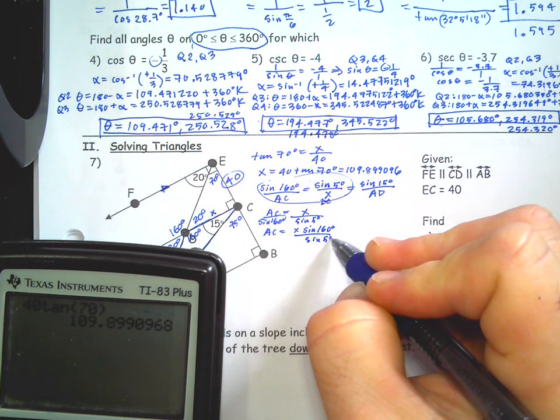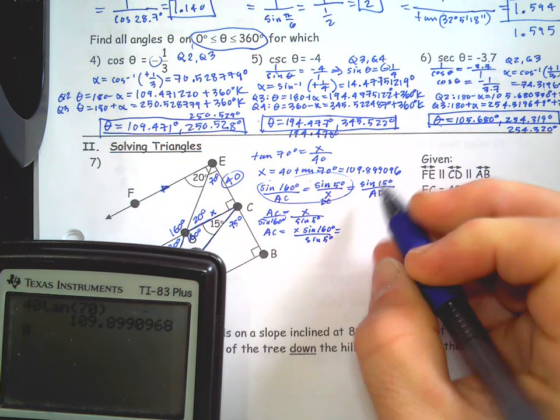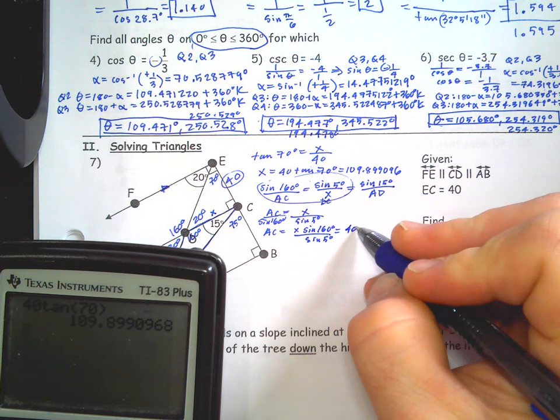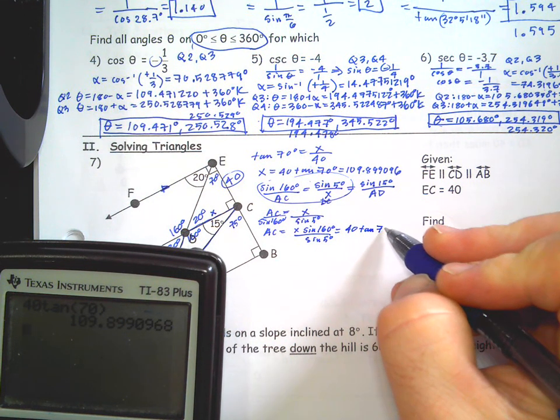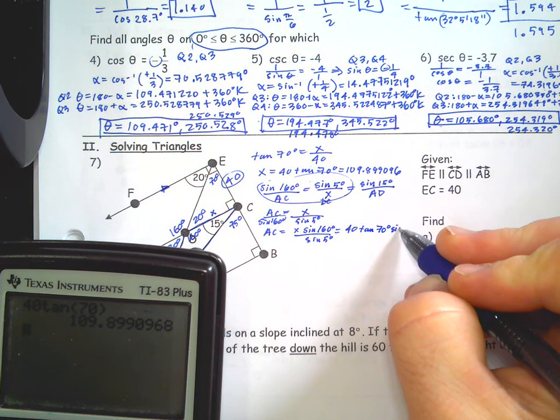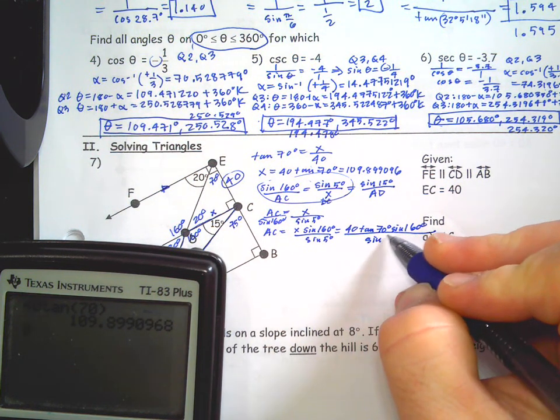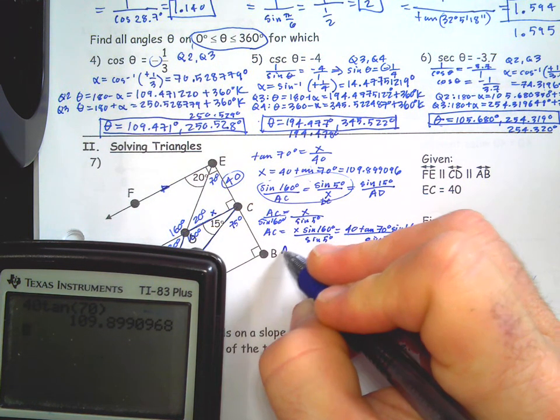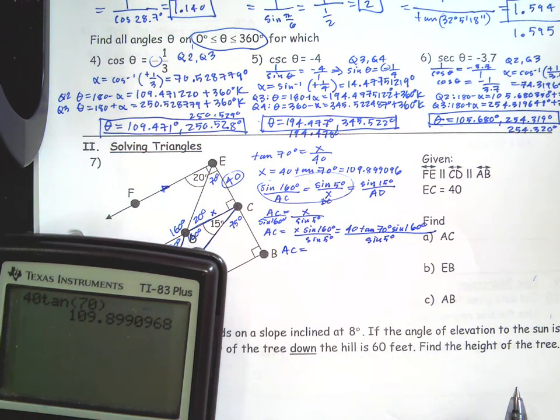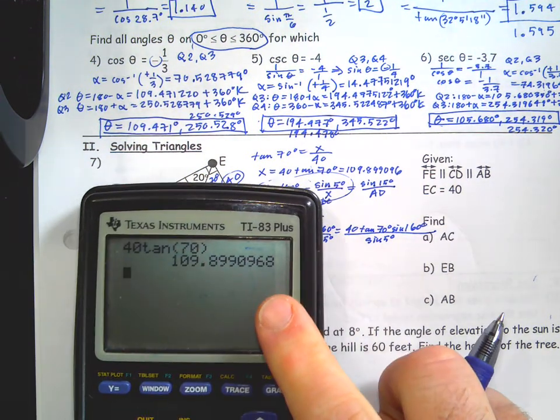So exactly, if you want to keep it exact, we could say 40 tangent 70, because that's what x was, sine 160 over sine of 5 degrees. So then AC equals, as a decimal, well, we already have that part right there, right?